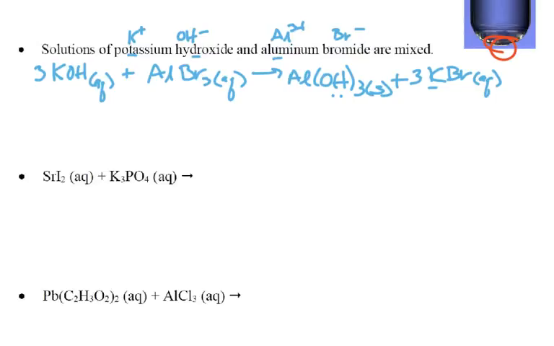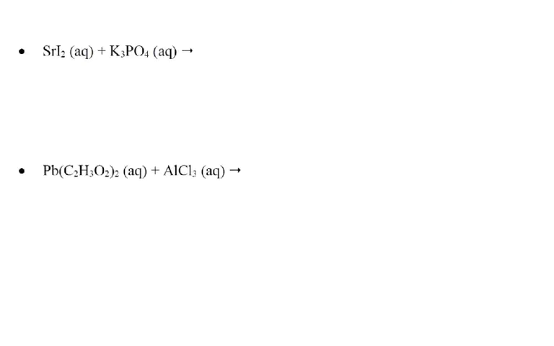Now, just going from the chemicals, we have an ionic compound and an ionic compound, so we can come up with our products, but we're still going to do that first step. So Sr is 2 plus, I is 1 minus, K is K plus, PO4 3 minus. So that part is okay. Now we're going to switch partners.